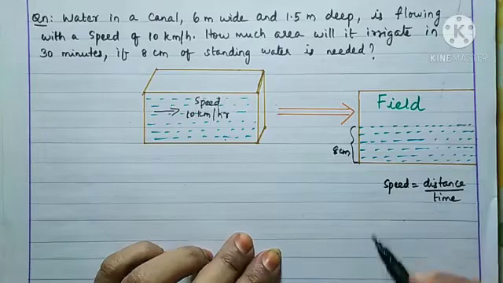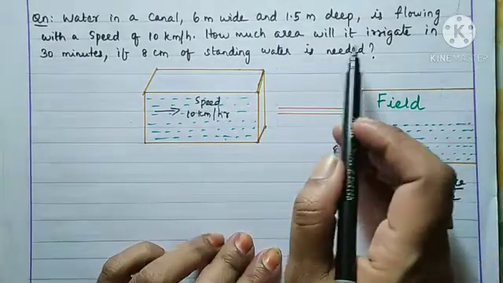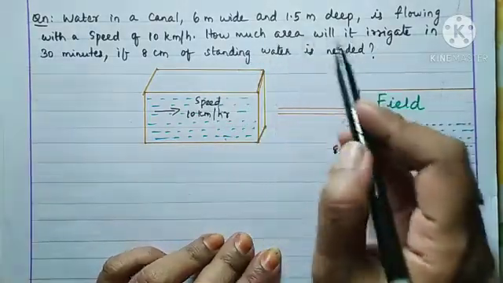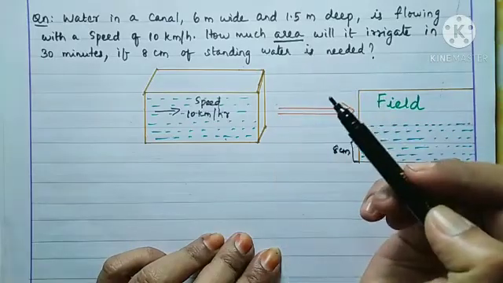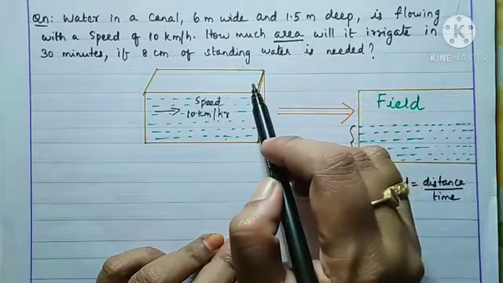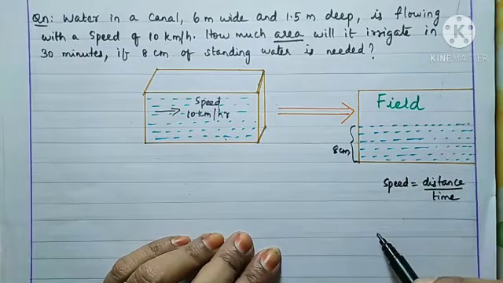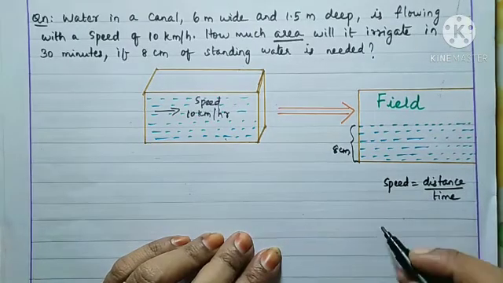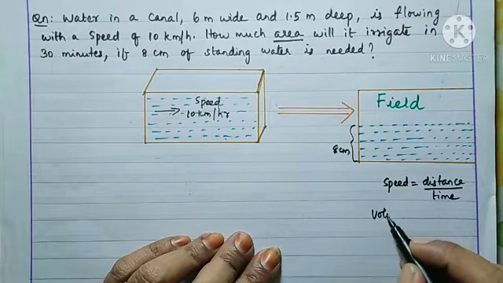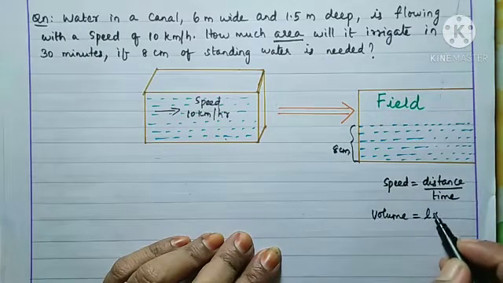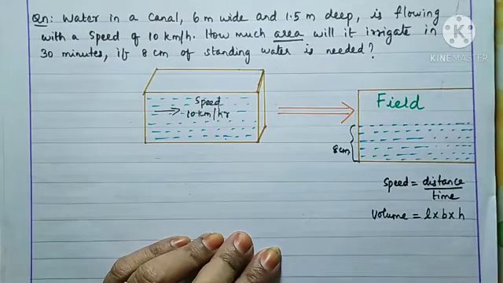In our question, we need to find the area. How can we find the area from the cuboid volume formula? You know that the volume of a cuboid is L into B into H, correct?